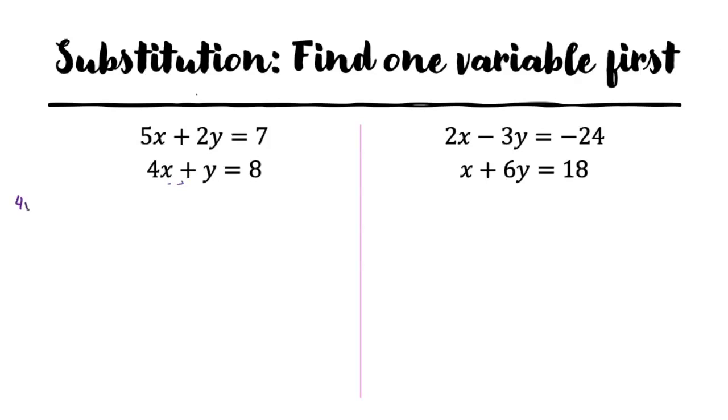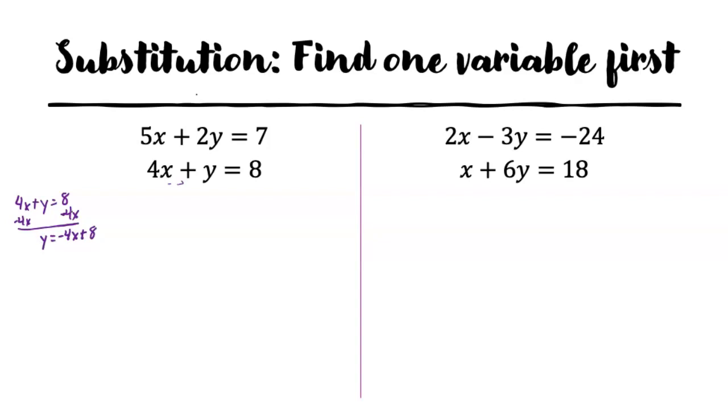I have 4x plus y equals 8. I'm solving for y, so remember I'm going to subtract 4x from both sides. Rewrite this: y equals negative 4x plus 8. Now, if I had a coefficient in front of the y, I'd have to divide again.